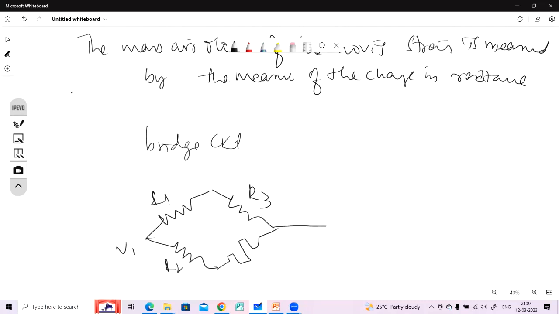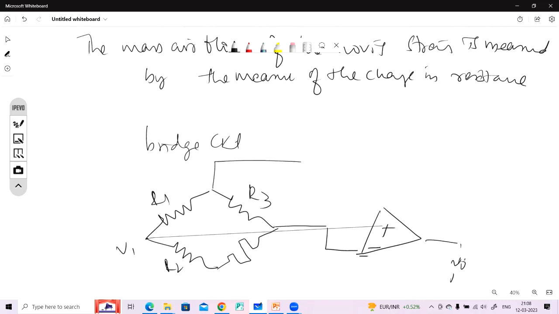So it is given to the inverting and non-inverting terminals of the op amp, and here we get V naught, and it is fed back to open loop. This is a bridge circuit.